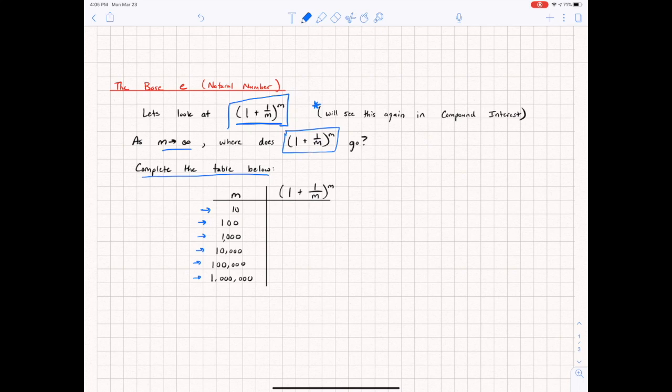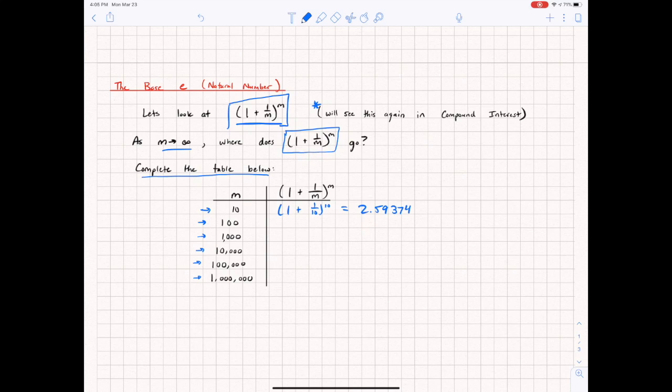Okay, so I'm going to get my calculator out and go through and compute. I'm going to plug 10 in, so I'm plugging in (1 plus 1 over 10) to the 10th power. I get 2.59374.